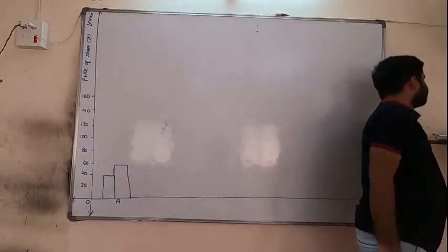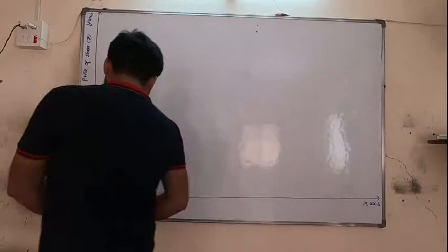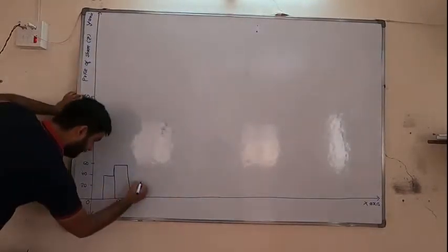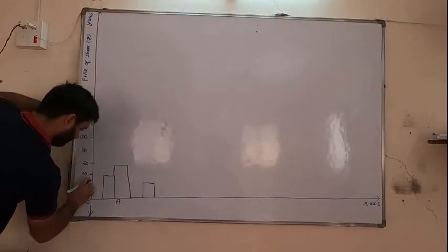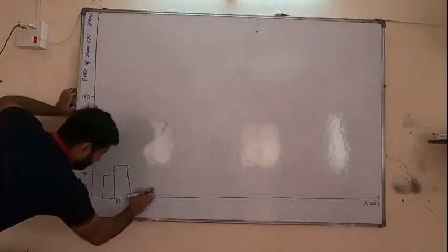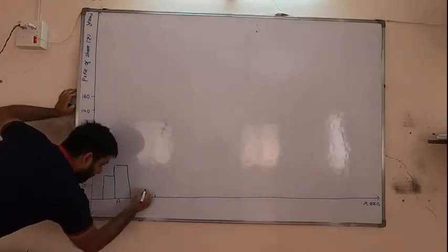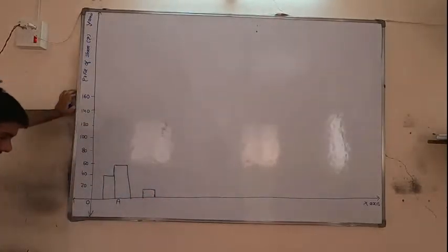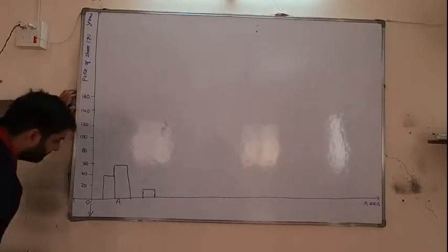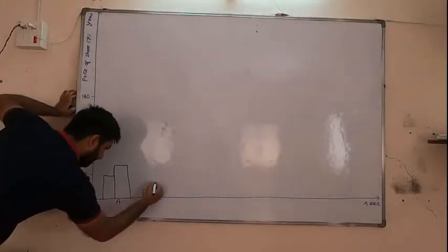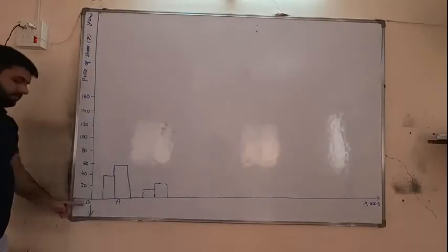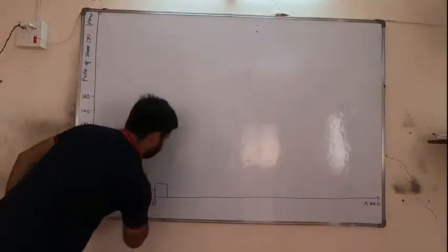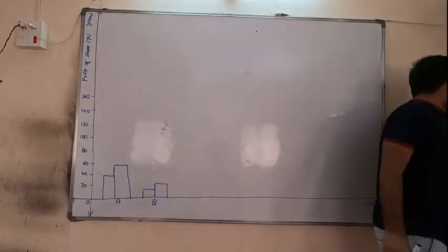Now 20 and 30. Now 20 will come exactly here, and 30 will come in between of 20 and 40. This is 20, my line is somewhat slanting, and 30 will come here. Okay, 20 and 30, company B. Then 100 and 150.